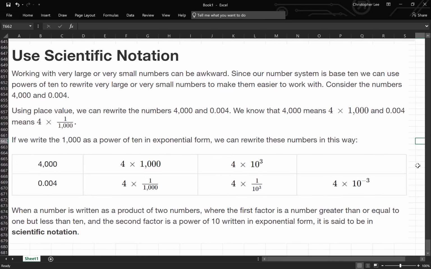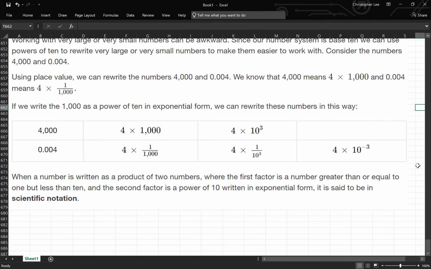So when a number is written as a product of two numbers, where the first factor is a number greater than or equal to 1 but less than 10, and the second factor is a power of 10 written in exponential form, it is said to be in scientific notation, right?